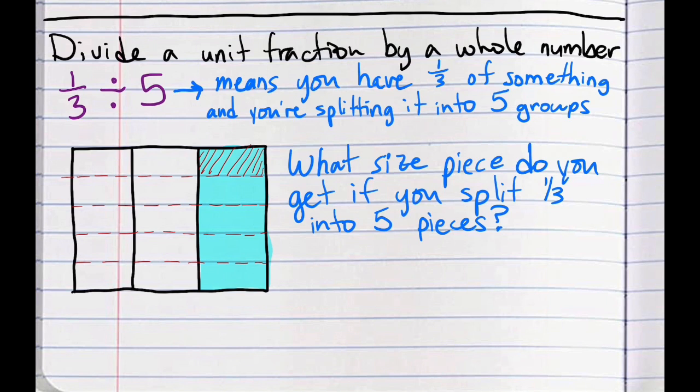So then let's go back and rewrite the expression we're trying to solve. We were doing 1/3 divided by 5. And when we split that 1/3 up into 5 pieces, we get pieces that are the size 1/15. Now we can figure out that it's 15ths by counting all the pieces in a whole number to see what they're worth.